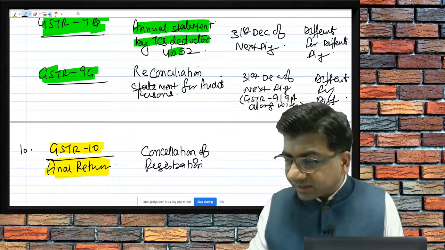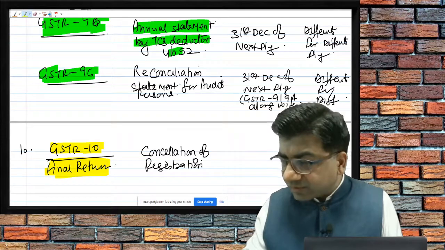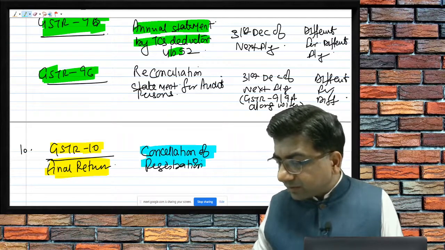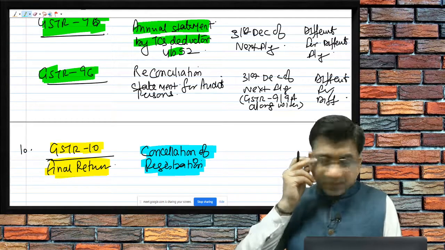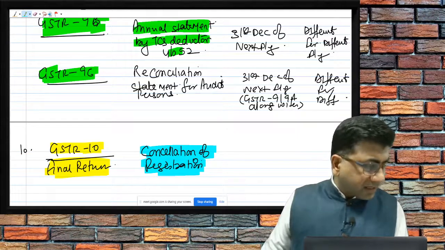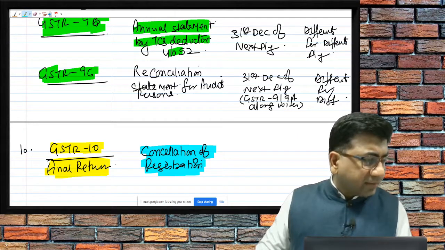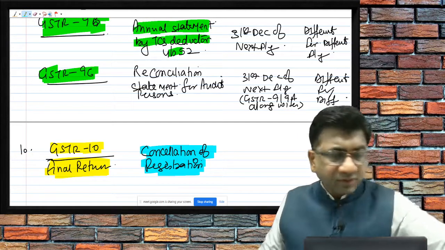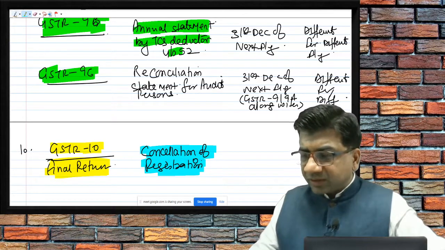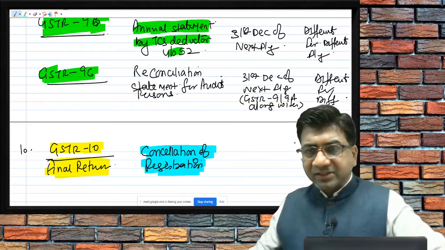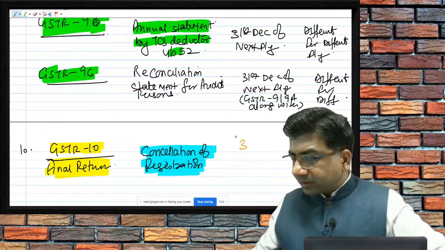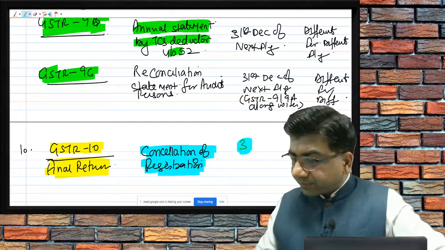I think there's something like effective date, some things you have to see. Cancellation of registration, that is GSTR 10, and that has to be filed. Just find out the time limit as per the rule. 3 months from the effective date of cancellation or something it is written. Just check it out. Within 3 months of the date of cancellation or date of order of cancellation, whichever is later.